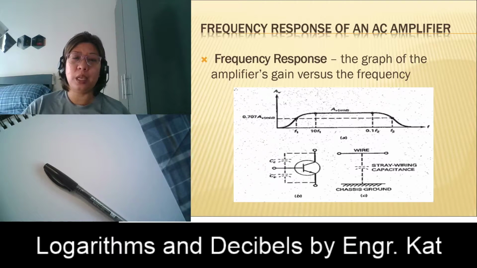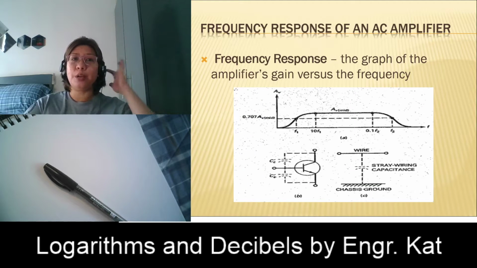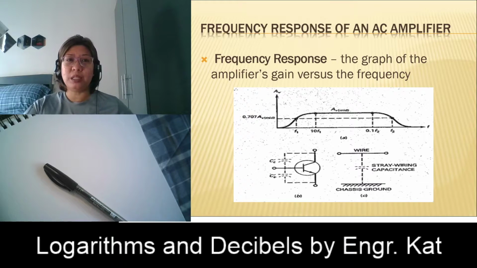We're going to find out the importance of expressing this in decibels, especially when we are talking about very, very high gain values. On the y-axis, we have the gain, your loaded voltage gain at mid-band, and on the horizontal axis, we have the frequency.